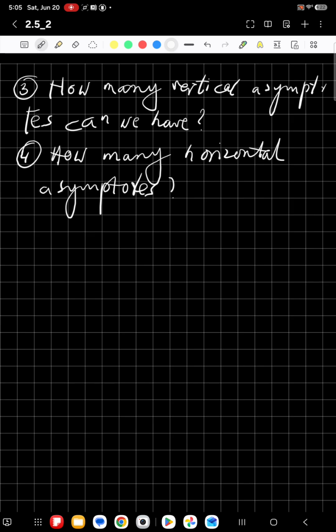Okay. Yeah, so let's think about it. Let's try to answer number 1. The question was, if f of 2 equals 4, what is the limit as x approaches 2 of f of x?